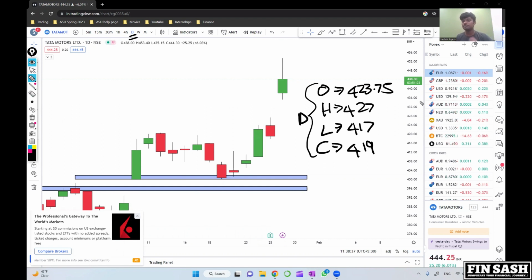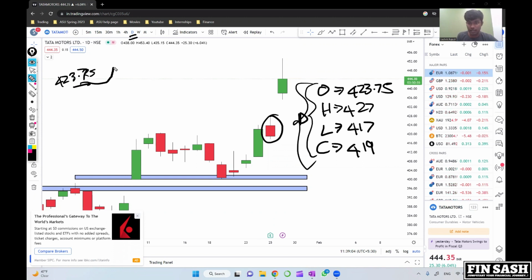So I ask you guys, what could be the movement of the stock for that day, right? I give you this candle, because you guys know how to read candles now, and you tell me, okay, it opened here at 423.75, right?